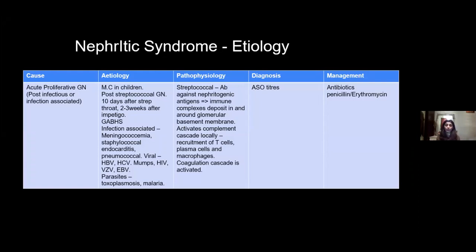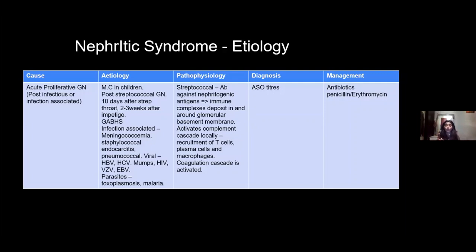It can be the heart as well. But what happens is we make antibodies against the M protein antigen, but this also has a similar structure to the proteins found in the kidney. So these antibodies that are supposed to fight the infection then go and fight our glomerulus.